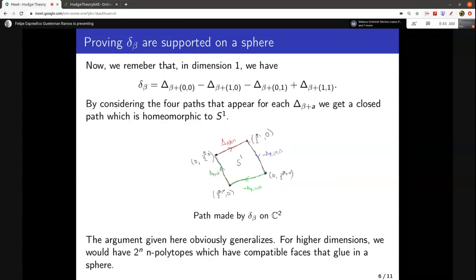Instead of 4 paths, we would have 8 paths, and then a 2 sphere divided in 8 parts, and then we can glue. And if we have dimension 3, then we would have 16 and so on. Right? So we can always divide into 2 to the n parts and glue everything.